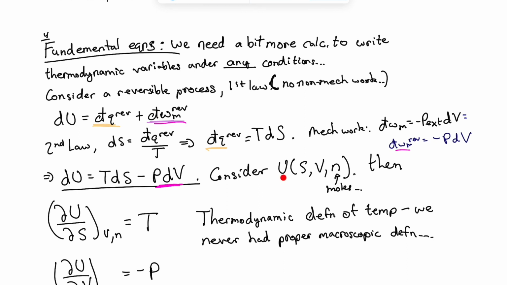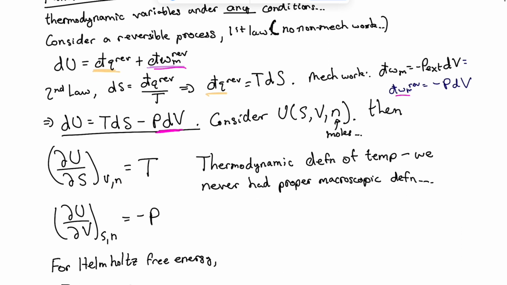Now, using calculus, what this means is that if I consider U a function of entropy, volume, and moles, then dU over dS, if I hold volume and moles constant, is going to be equal to T. If volume is constant, dV would be equal to 0, and so dU over dS is just equal to T. What this actually gives us right off the bat is a real thermodynamic definition of temperature.